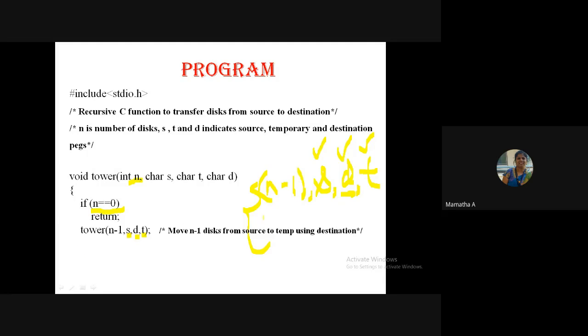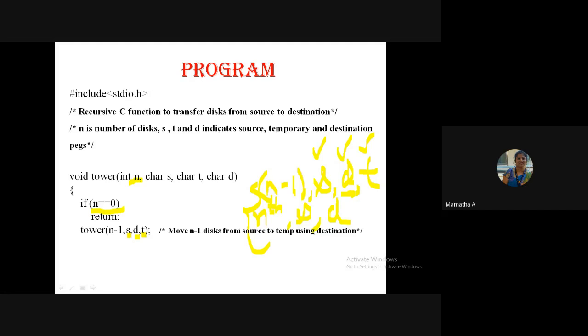So I am moving n-1 disks from source, that is S, to temp, that is T, using destination. What is your second step? You moved n-1 disks. What is left now on source? The nth disk, isn't it? Yes, ma'am. Move the nth disk from source to destination. So I'll just print.